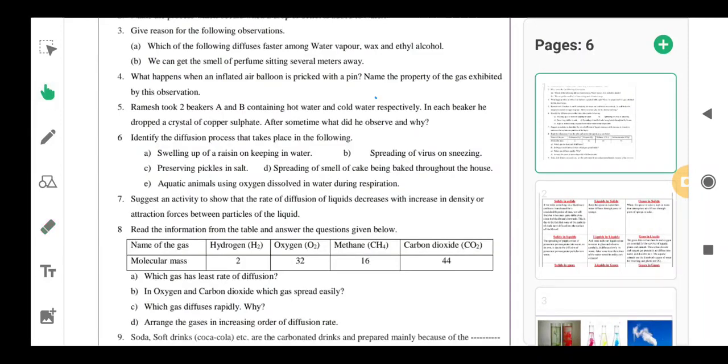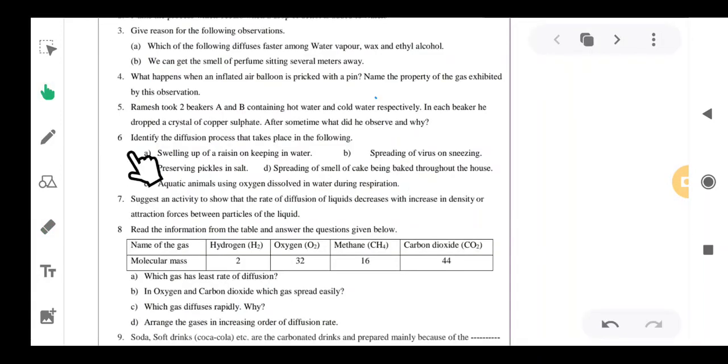Next question: identify the diffusion process that takes place in the following. So we have to identify the diffusion process. First one, swelling up of resin on keeping in water. Resin is a solid and we keep it in water.